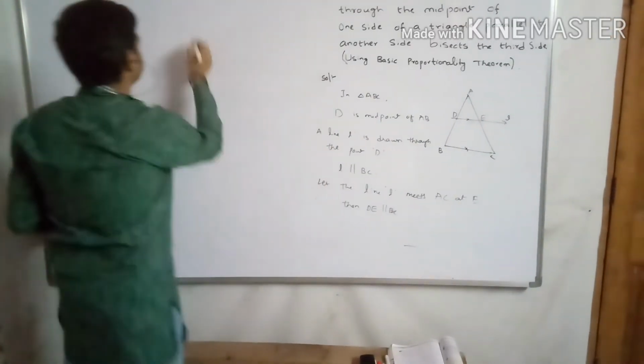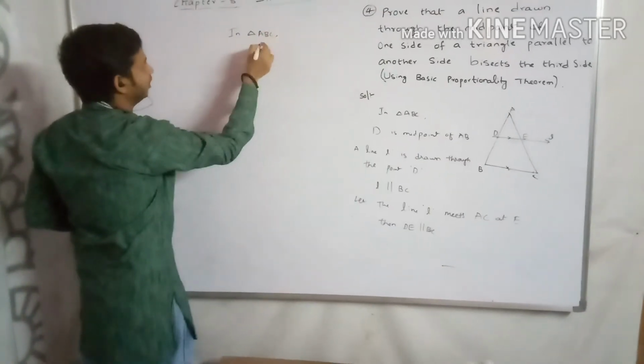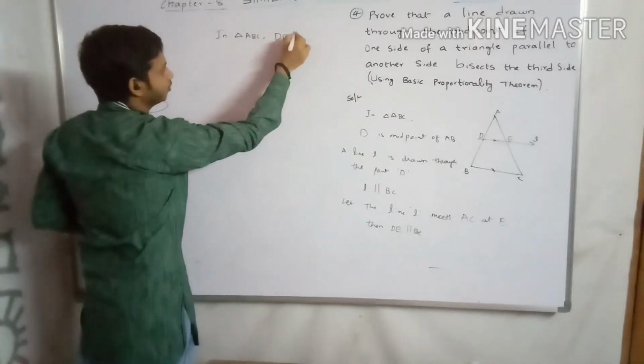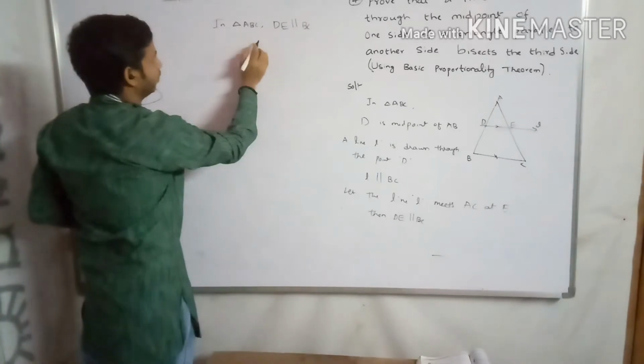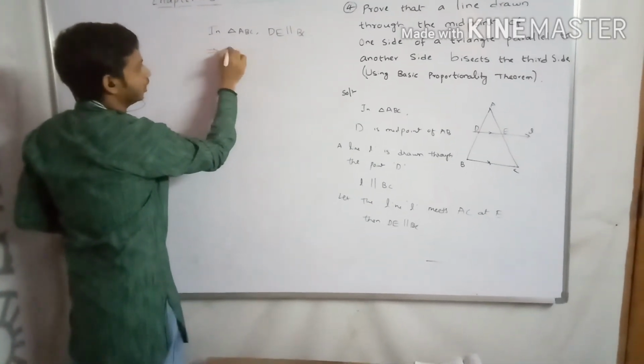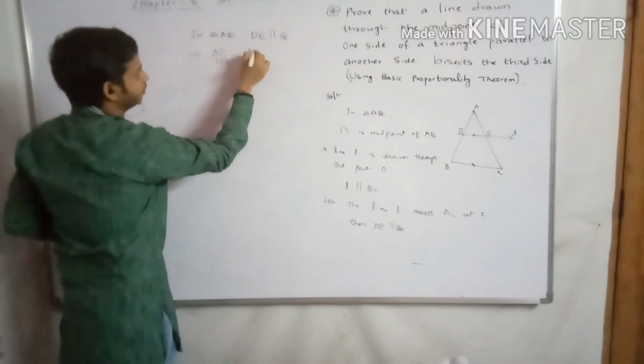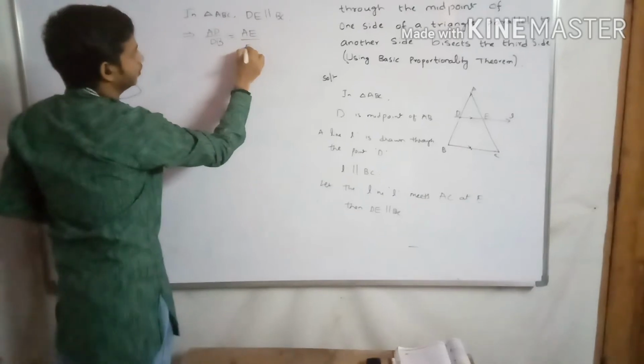Now in triangle ABC, DE is parallel to BC, so by the basic proportionality theorem, AD by DB equals AE by EC.